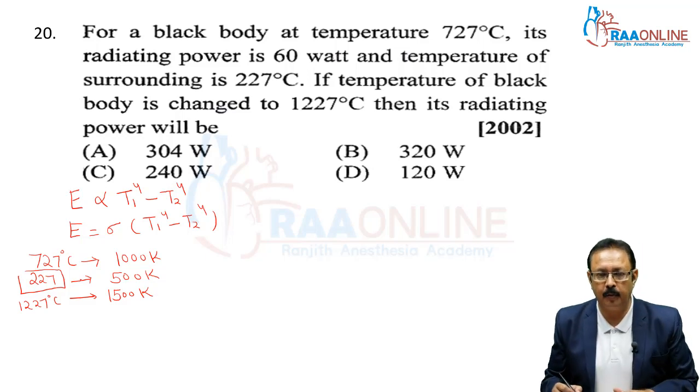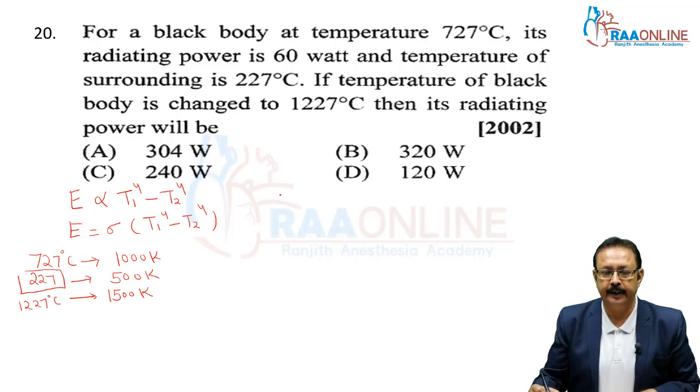So what we are observing now, initially E1, I am taking E1 as 60 watt, and E2 we want to calculate. What should be E1?